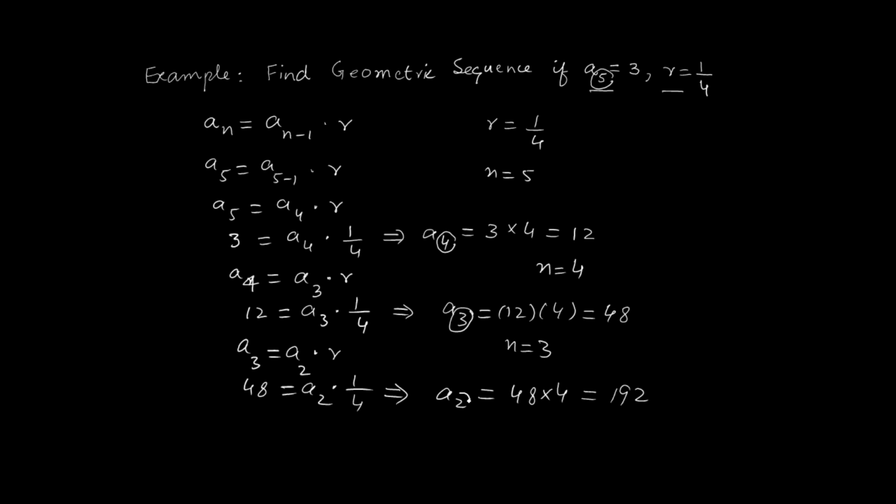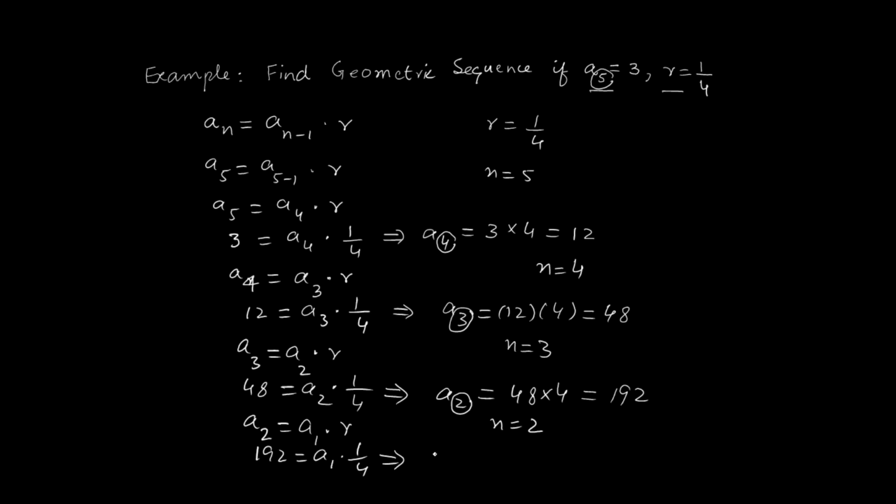Now I have found the second term, so now I will take n is equal to 2 in this formula. So a2 is equal to a1 multiply r. Putting the values, a2 is 192 and r is 1 by 4.